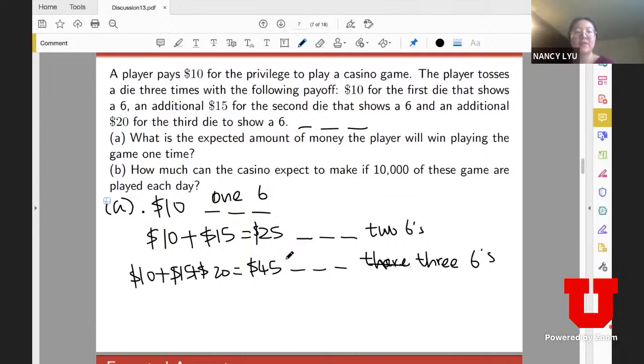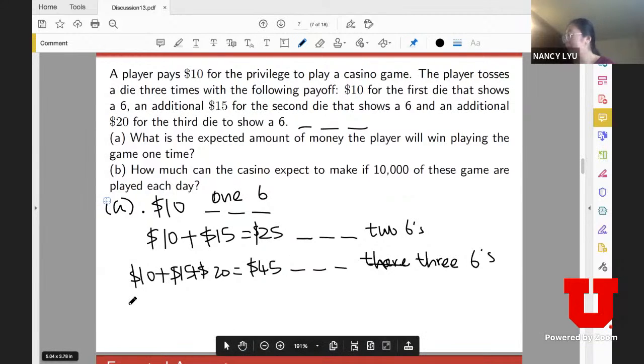So let's first find out the probability that the player only has one 6 in 3 times. Or another way of saying it, the probability of winning $10. How do you compute this?